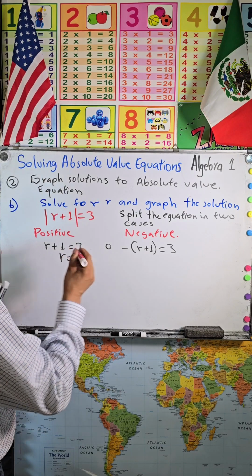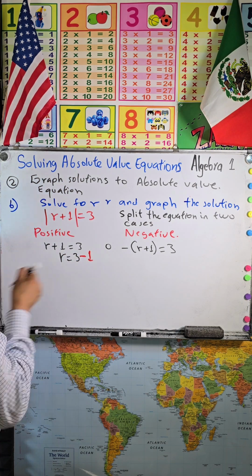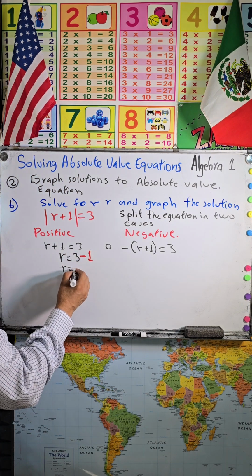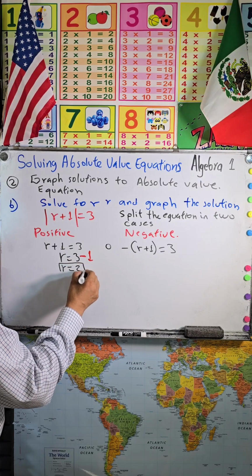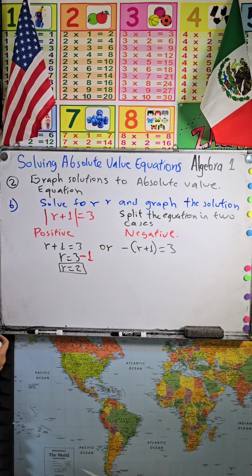So the answer, we simplify, very simple: r equals 2. Let's go solve the negative case.